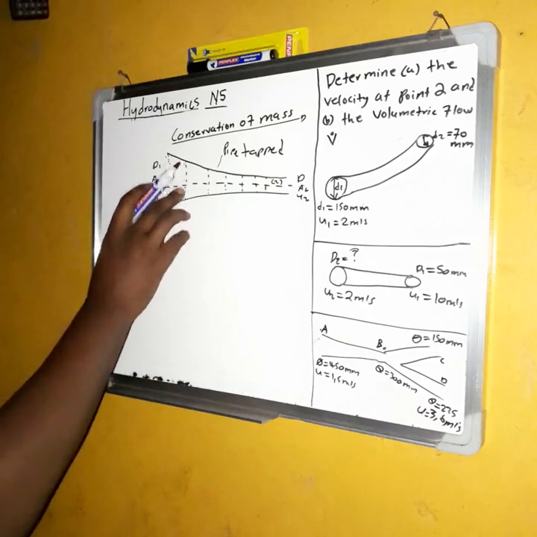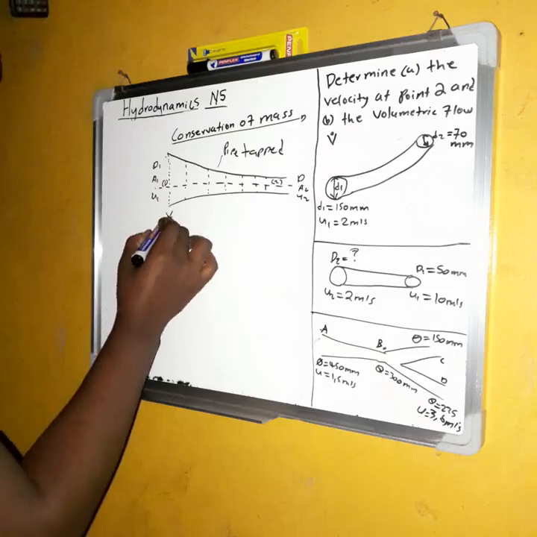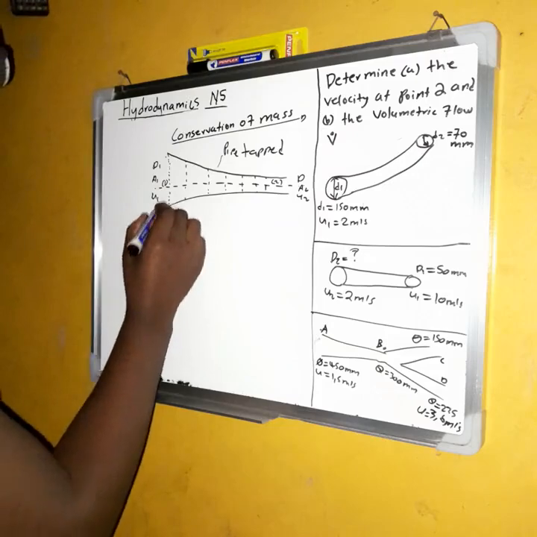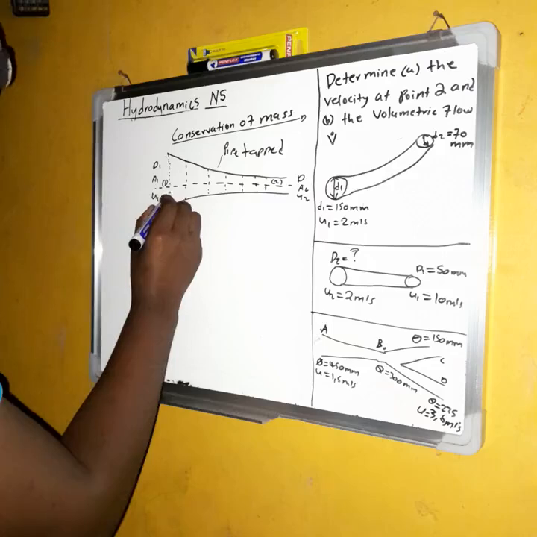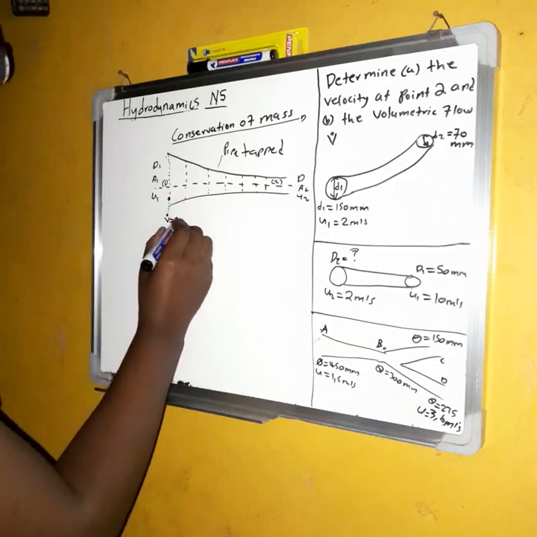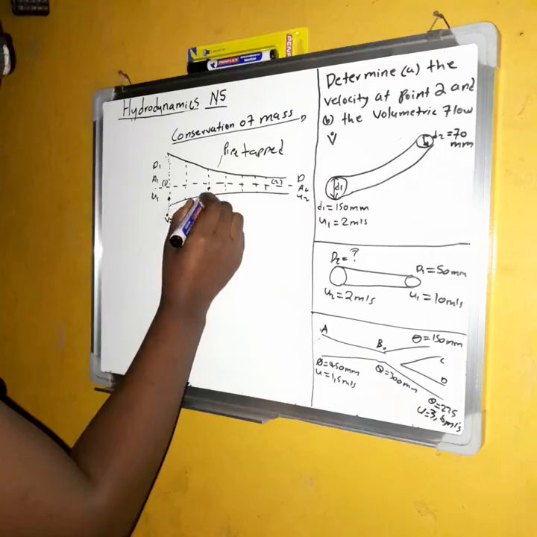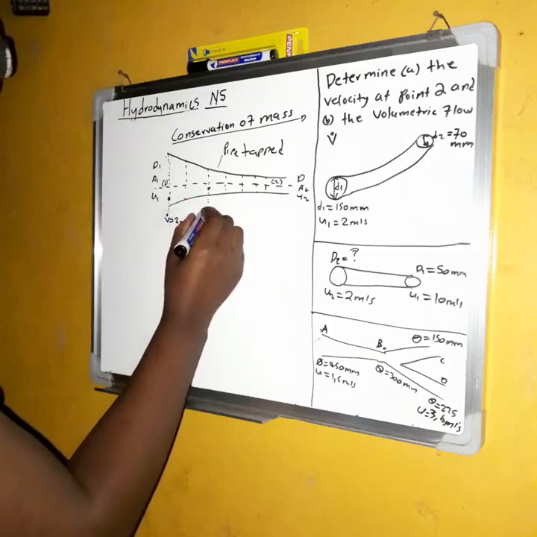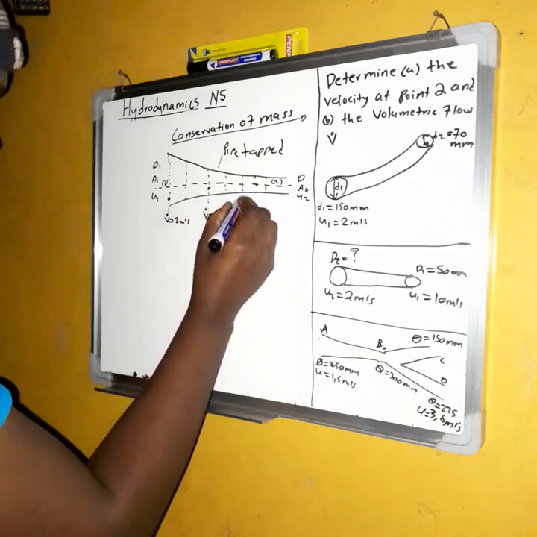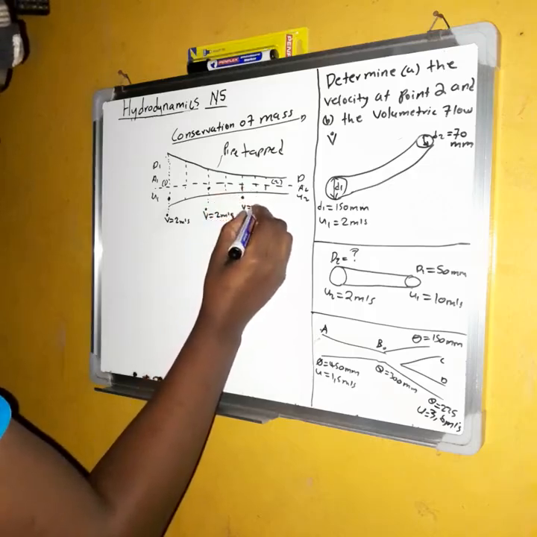Let's say for example, at this point the volumetric flow is 2 meters per second. Also at this point here the volumetric flow will be 2 meters per second. Also at this point right here of the pipe, it will be 2 meters per second throughout.